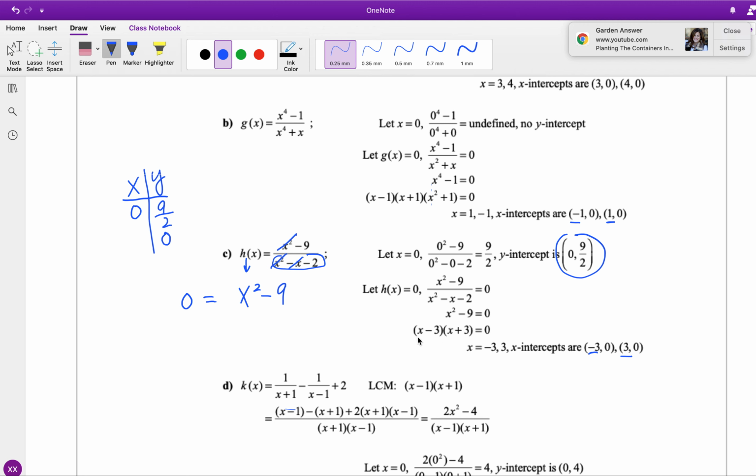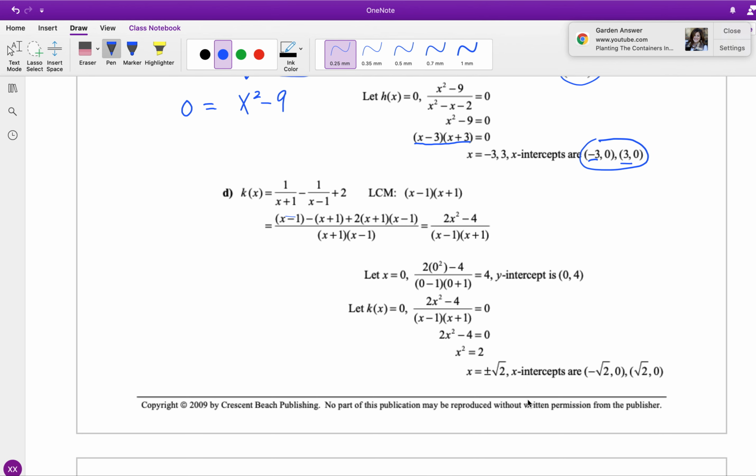So then we ended up with this factored form. So then x will be equal to -3 and +3. So x-intercept is +3 or -3. So then that is our x-intercept.